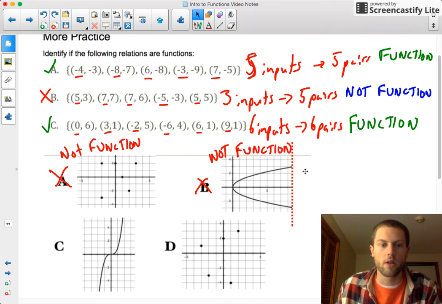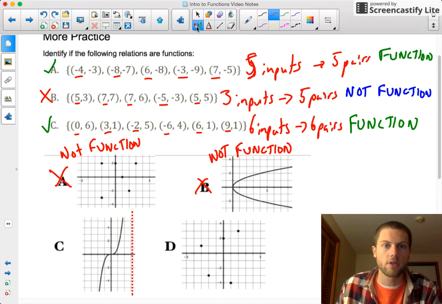All right, moving right along here to letter C. Let's use the vertical line test on C. As I move from left to right, let's see here. Really, I'm just seeing only 1 intersection. And yeah, just the 1 intersection with my vertical line. So this is going to pass the vertical line test. So letter C is a function.